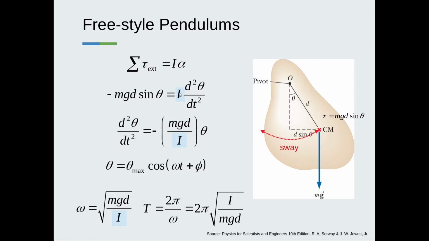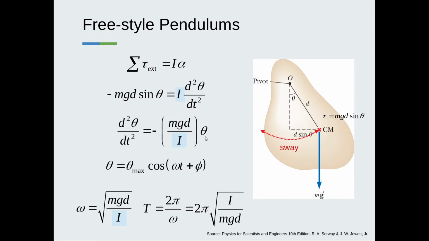Now you can see that the total external torque on it is this one. We just derived it, and this should be equal to your moment of inertia, I, and alpha. So this is angular acceleration, and angular acceleration is just equal to the second derivative of theta. So theta is the angle here.